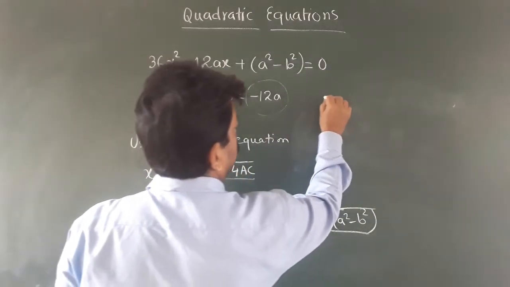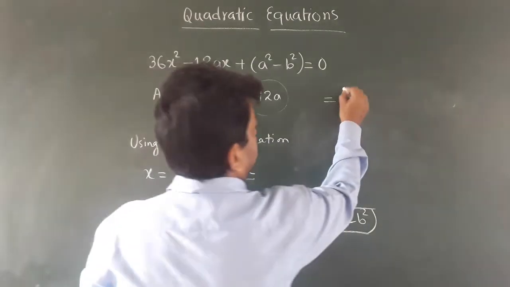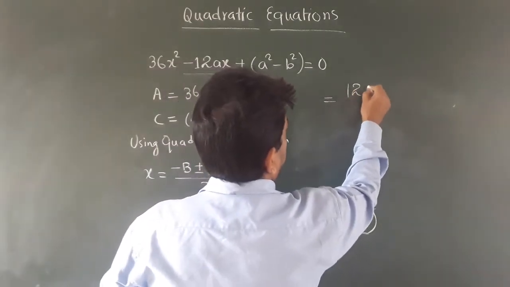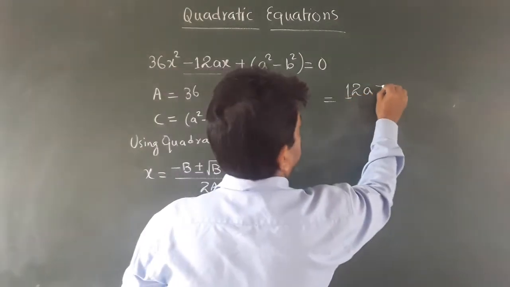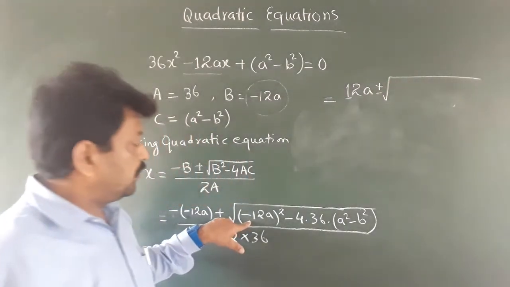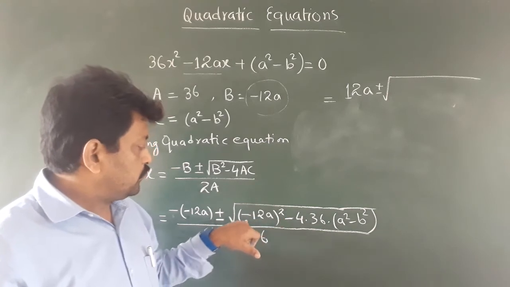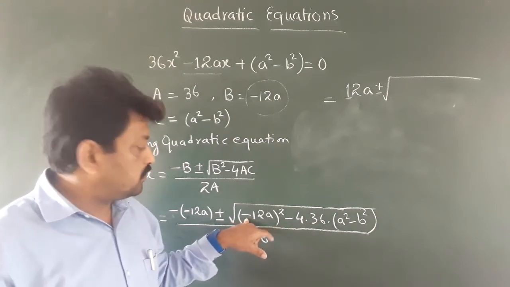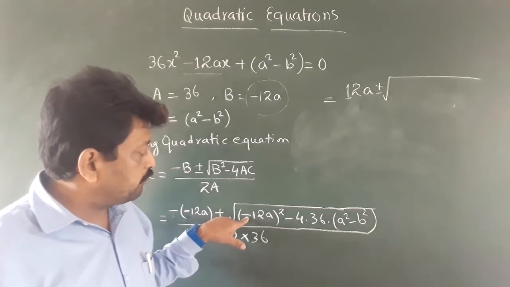So equals to, minus of minus 12a makes plus 12a, then plus minus inside the bracket minus 12a whole square. So the square of a negative number will become positive, so this minus will become plus.